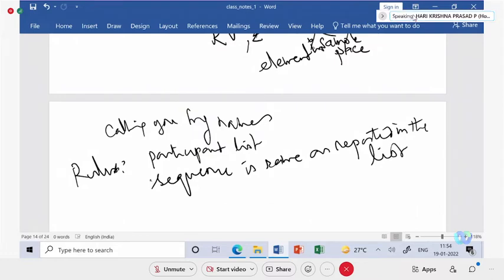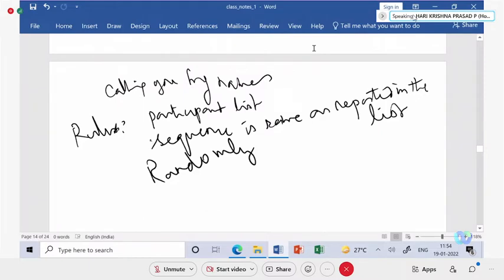Suppose you do not know from where I am calling the names, then probably you might think that I am calling the names randomly, isn't it? Because you are seeing the screen. Whenever I refer to the participant list and call the names, you will understand that I am following the sequence displayed on the screen.